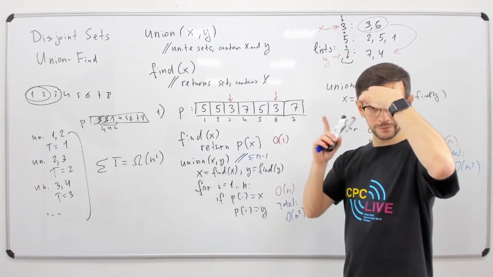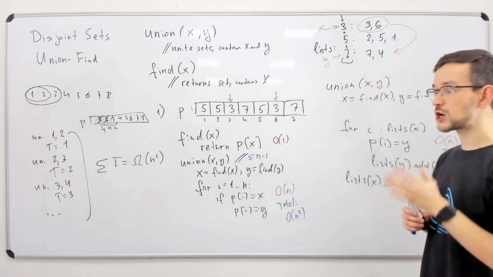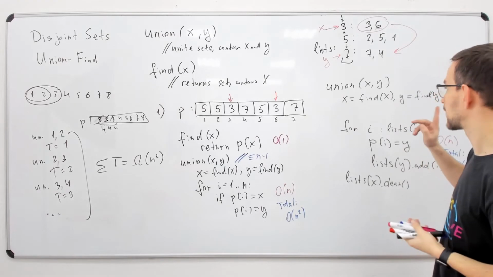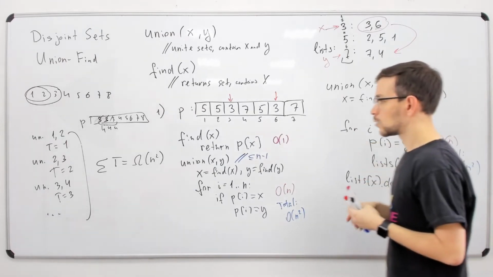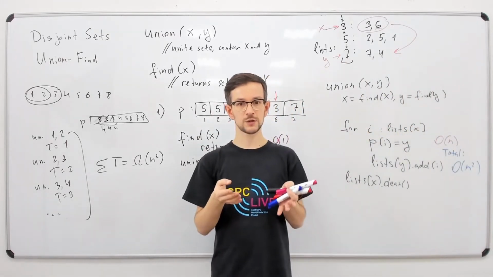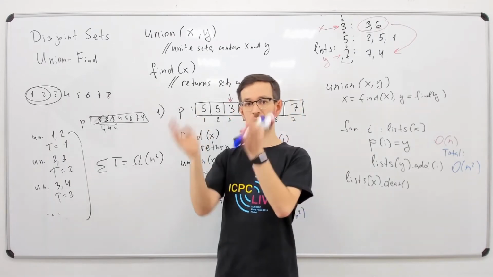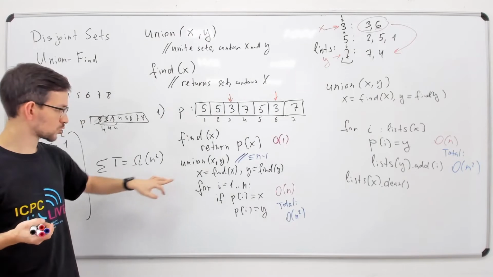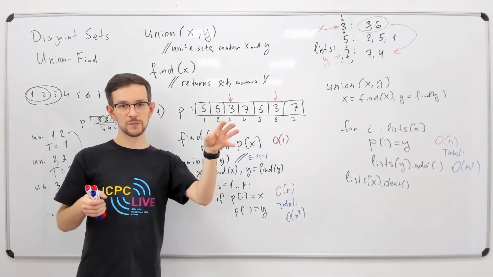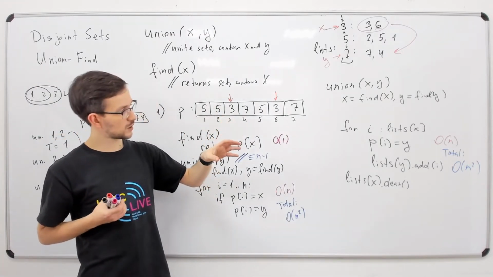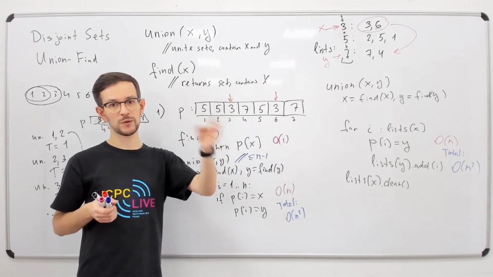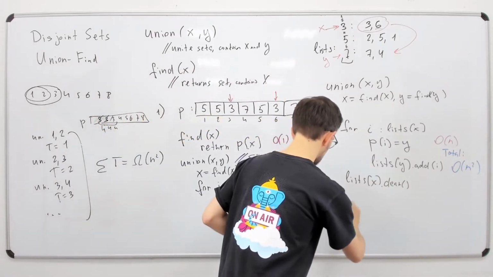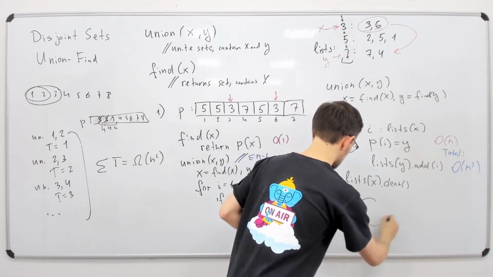But the good thing is that we actually can improve this by using a simple trick. Let's look here. When you unite two sets, you have the set containing x and the set containing y. You may choose which element will be x and which element will be y.